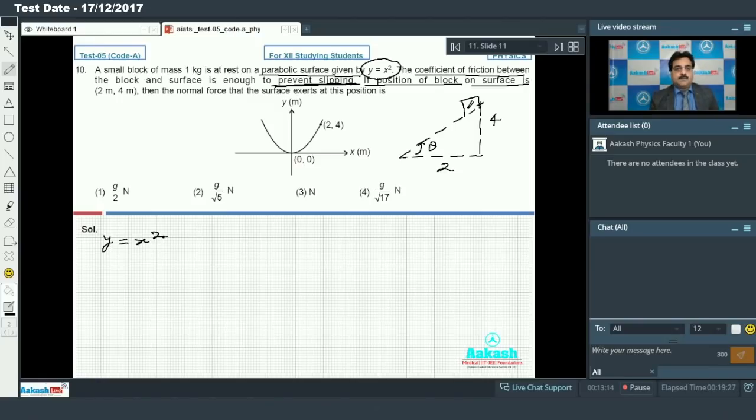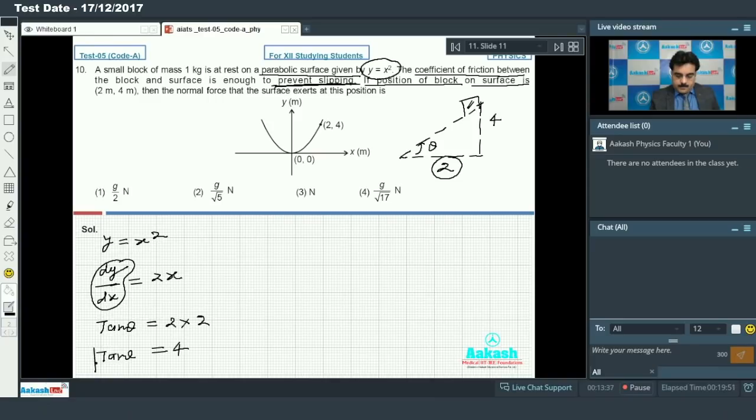So for the value of theta or slope, if I differentiate, we'll get dy over dx is equal to 2x, and dy over dx, you know very well, is given by tan theta. 2 into the value of x in this question, which is 2, so we'll get tan theta is equal to 4, and this tan theta will play a very important role in the coming situation. So tan theta is equal to 4.